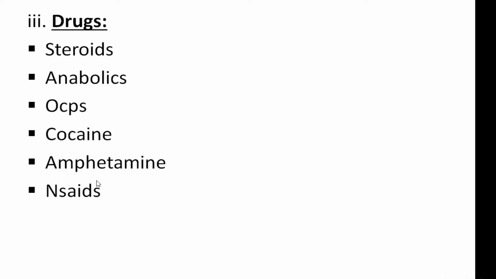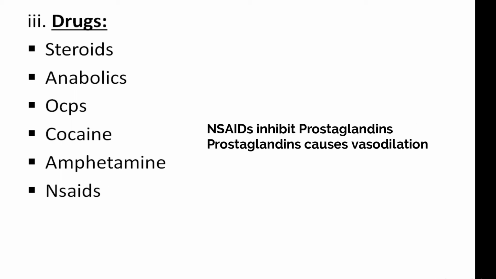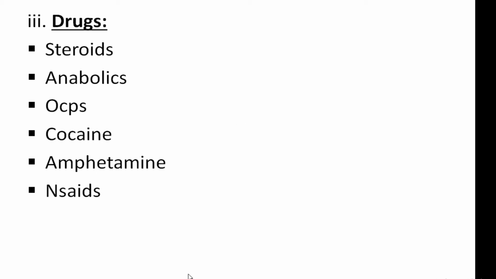Because NSAIDs inhibit prostaglandins, and prostaglandins are vasodilators. So if prostaglandins are inhibited, there will be no vasodilation, and in return there will be vasoconstriction, peripheral resistance will increase, and as a result hypertension will occur.